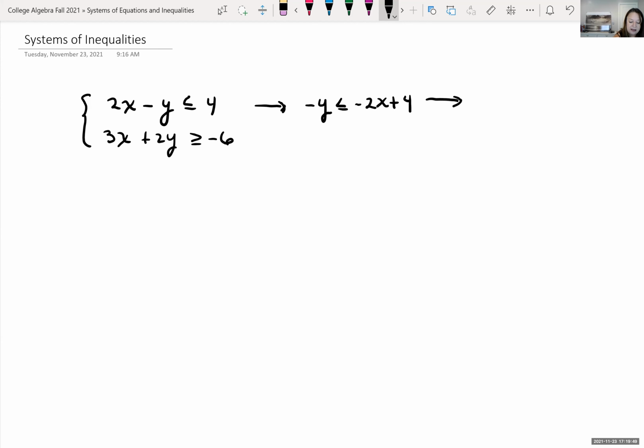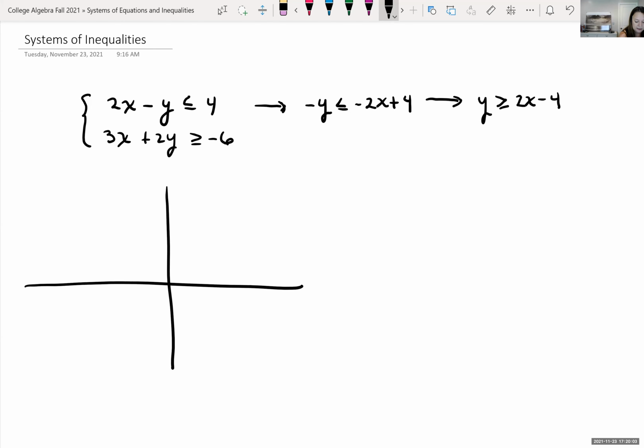So if we multiply everything through by -1, we have y is greater than or equal to 2x minus 4. Okay, so I know what my y-intercept is, and I know what my slope is. Looking at this, our y-intercept is at -4, and our slope is 2/1.